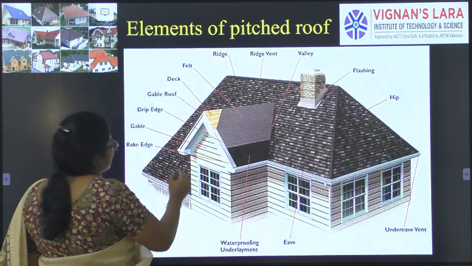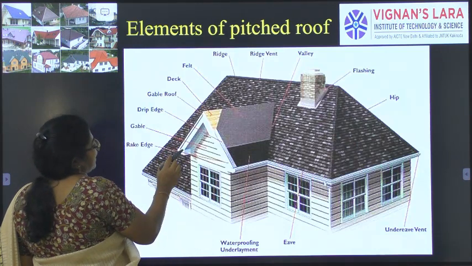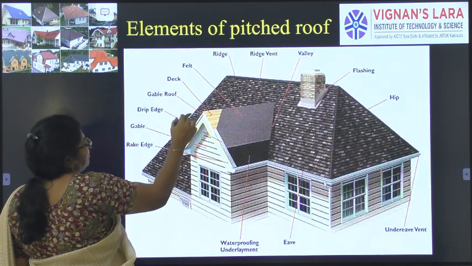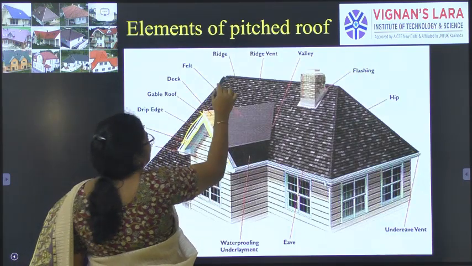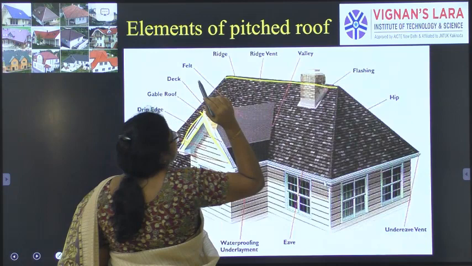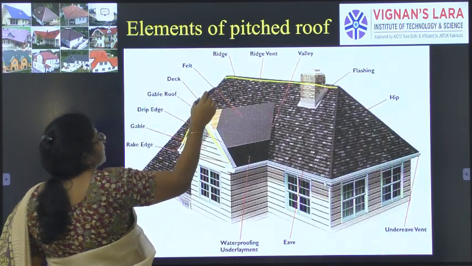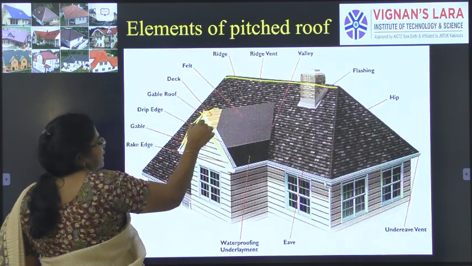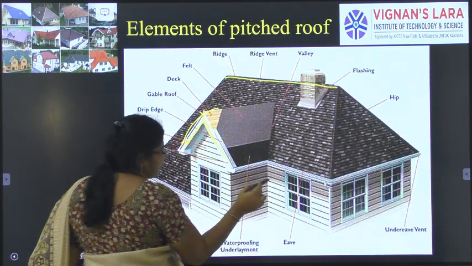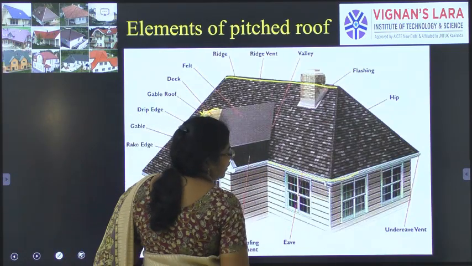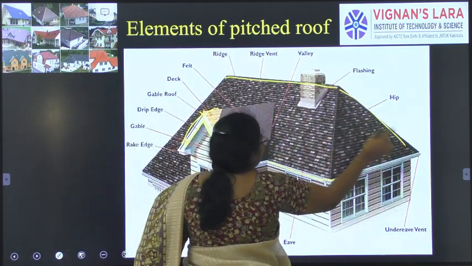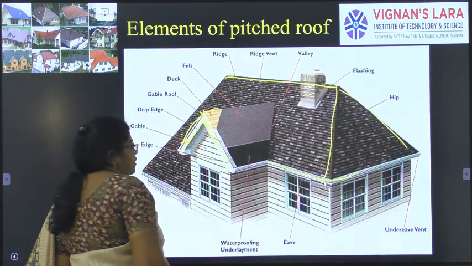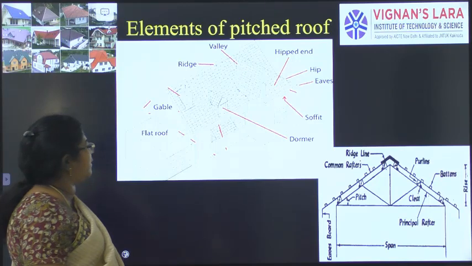Here this is a rake edge, this is a gable structure, this is a drip edge, this is a gable roof, and this is the ridge vent or ridge. Then we call this a deck area. The bottom we call the eave that is going round, and the under vent. This we call a hip. So these are the different things.